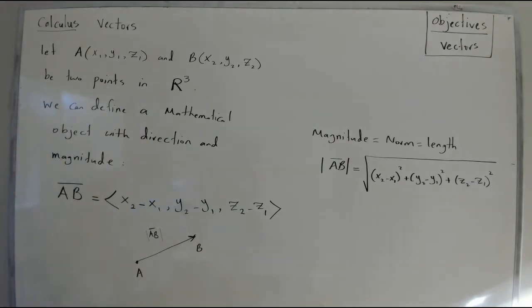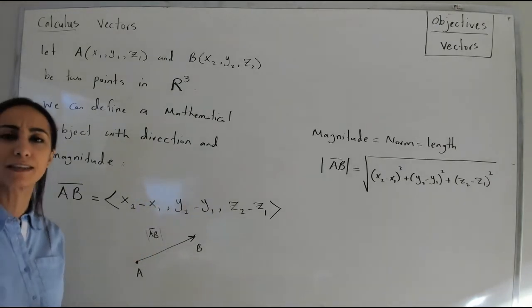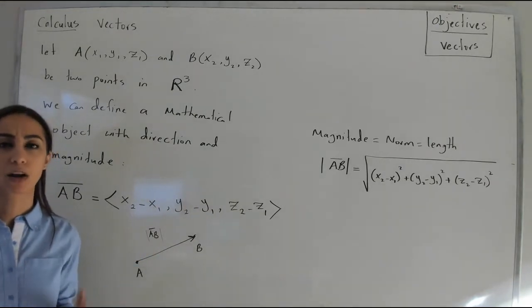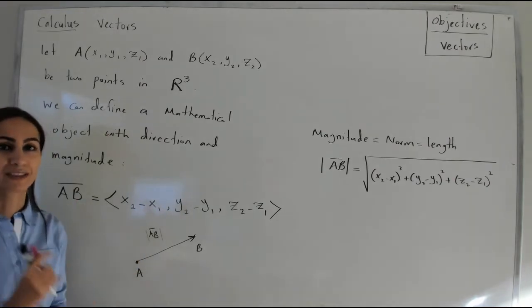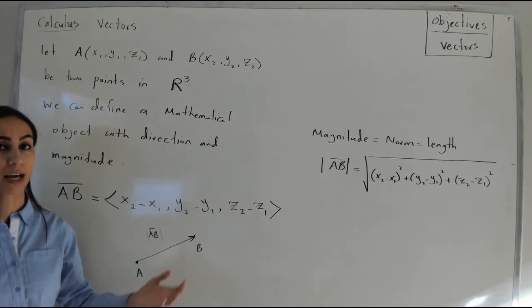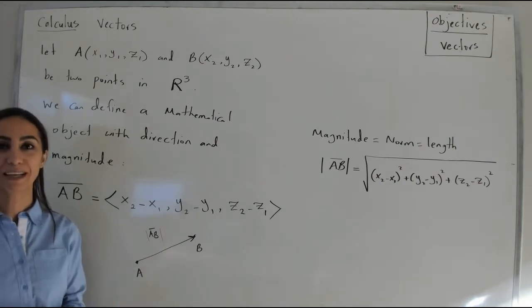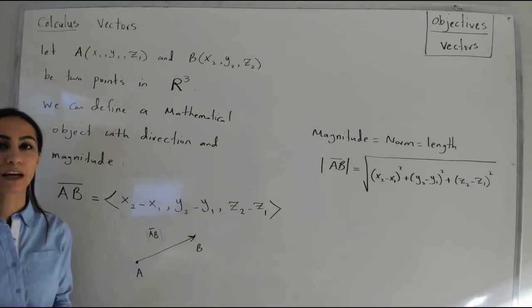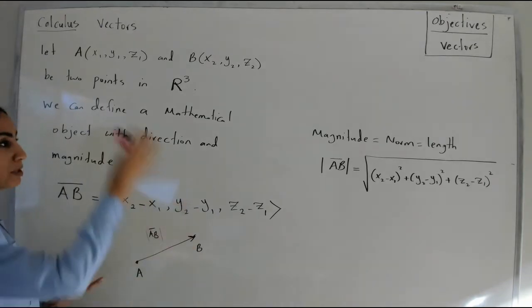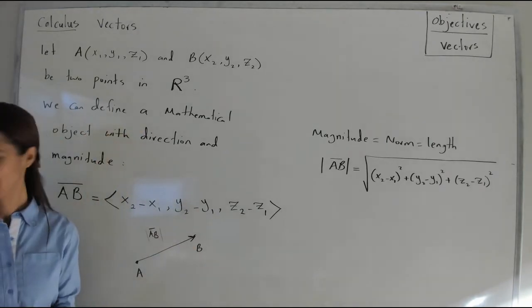Very well. So now that we define this new object, we're interested in defining some mathematical operations that can be done on those objects. How do we add them? How do we subtract them? Well, how do we define something like multiplication between vectors?